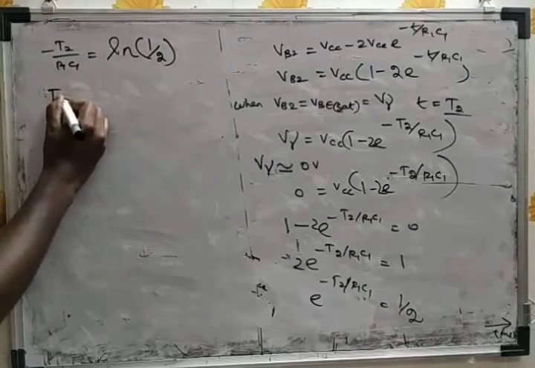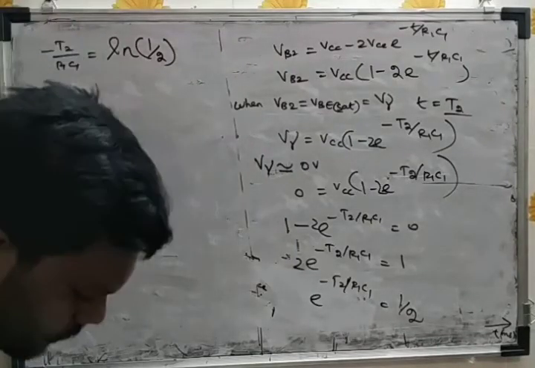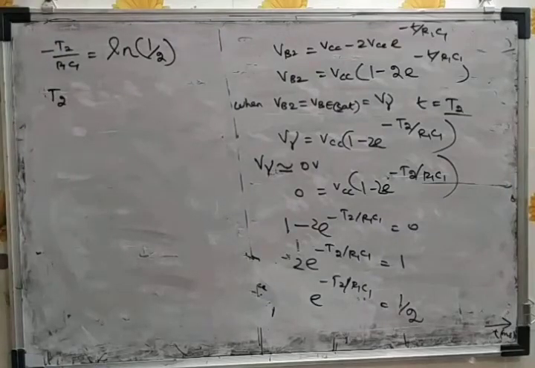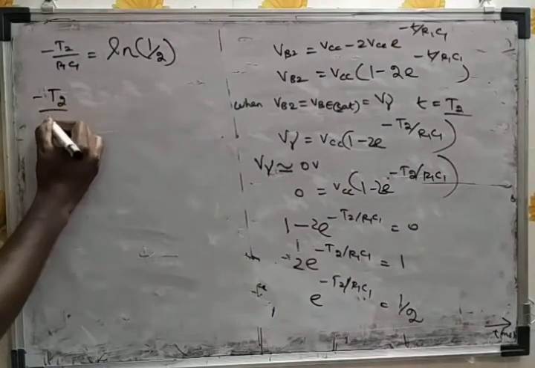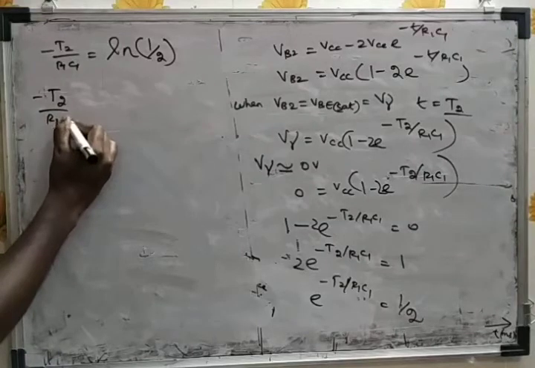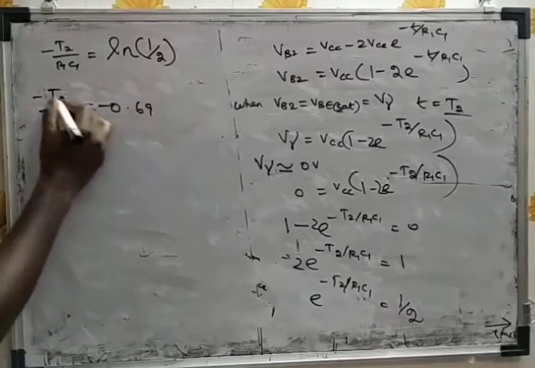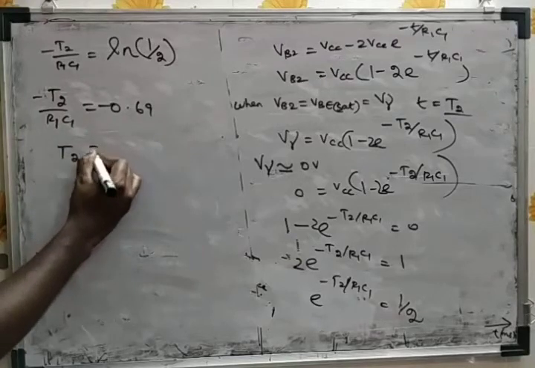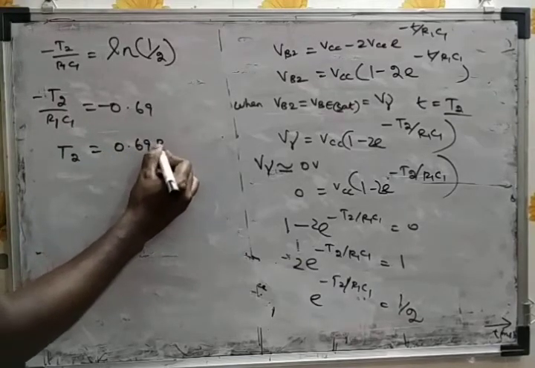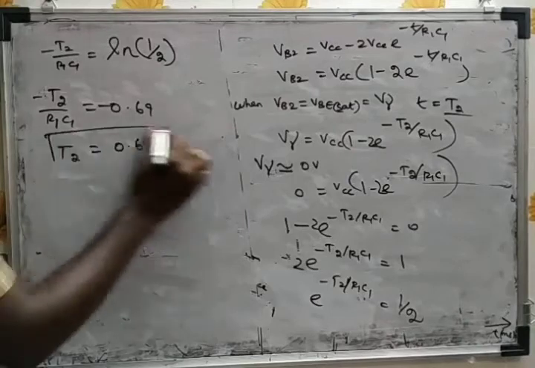So minus T2 by R1 C1 is equal to minus 0.69. So your T2 will be 0.69 R1 C1.